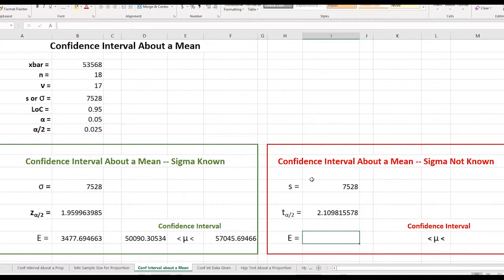And now I do the E calculation, which is just as easy as doing it over here with sigma known. It's just we have different numbers.